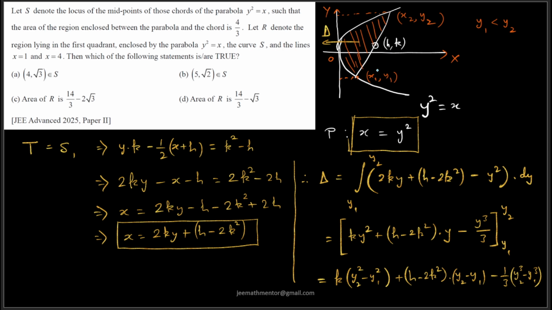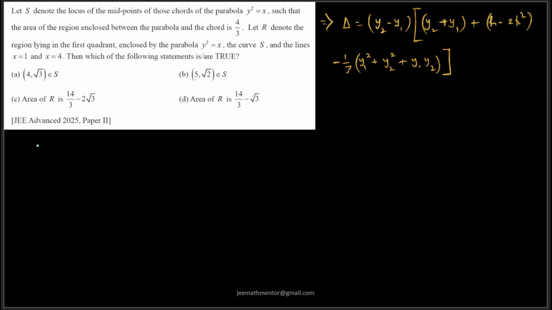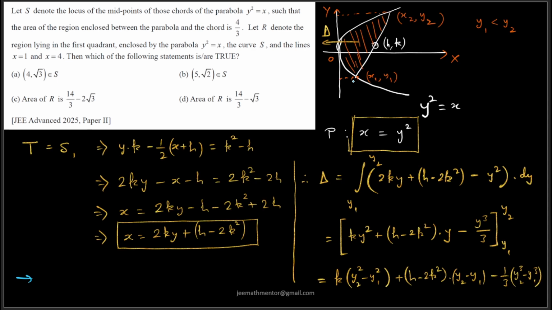So of course h will be x1 plus x2 by 2, which means we have the condition x1 plus x2 equals 2h, y1 plus y2 equals 2k. This is true. Also, don't forget that x1, y1 and x2, y2 lie on the parabola, which means y1 square is x1 and y2 square is x2 as well.